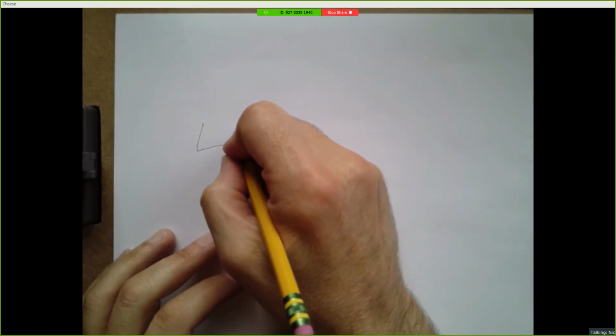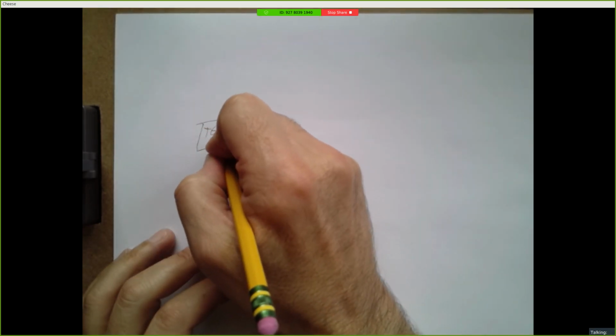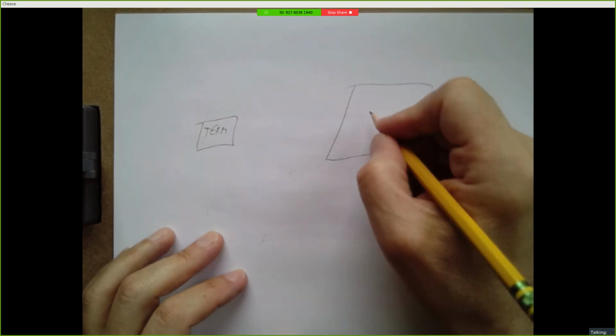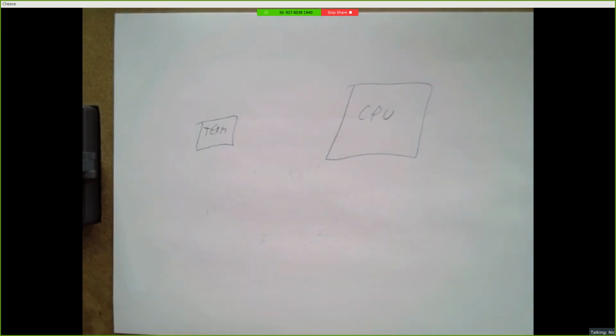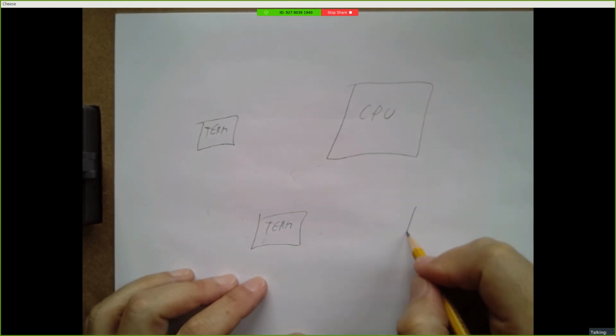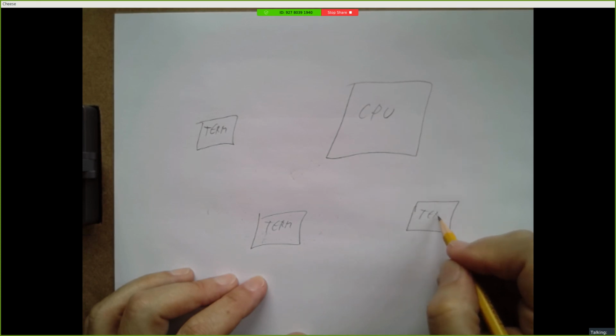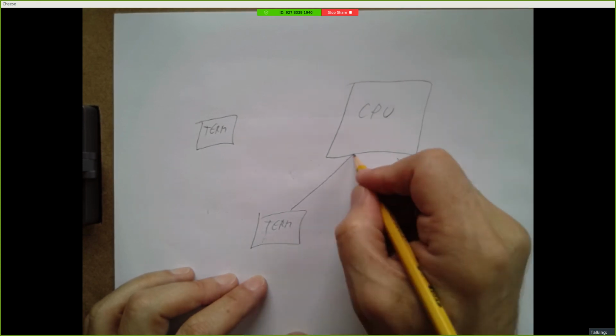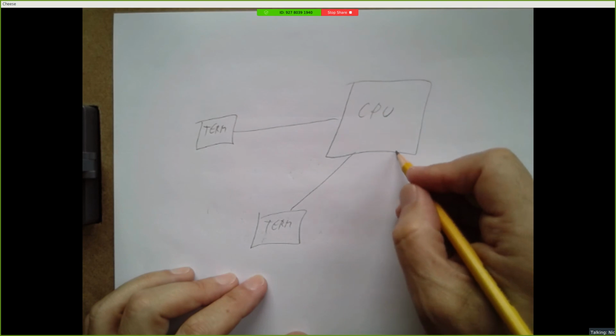So an early version of networking was basically using a terminal. Here is the main computer. It's a lot more than just a CPU, but I'll just call it CPU. And there would be these different terminals around, and they would communicate with the CPU.